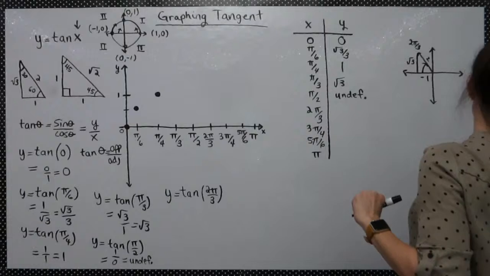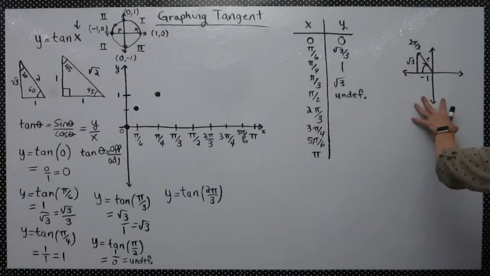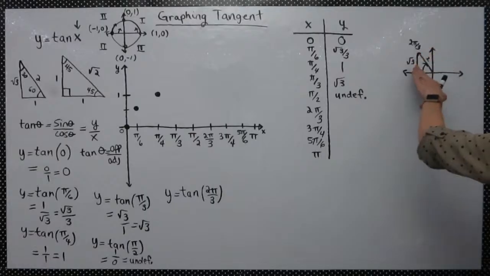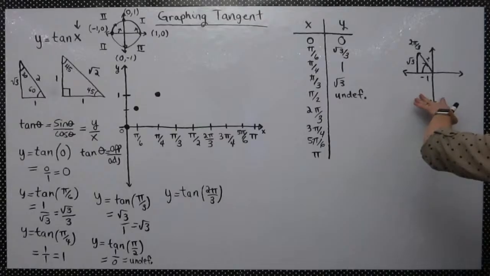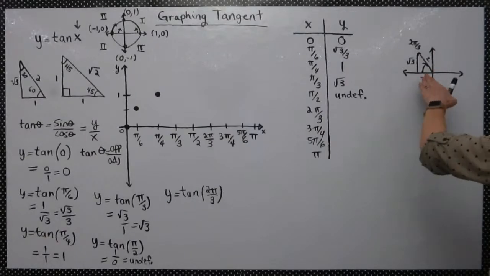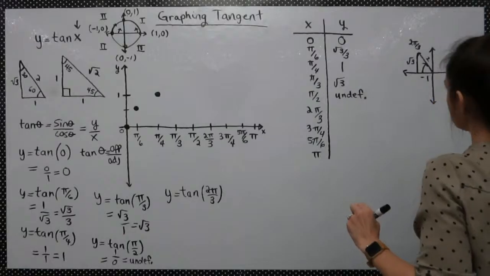So all you're doing is you're taking the Cartesian coordinate system, you're finding your reference angle in quadrant 2, and you're just drawing it out really quick. So you don't have to have the whole unit circle, you're just drawing that one triangle to get your value, if that makes any sense.